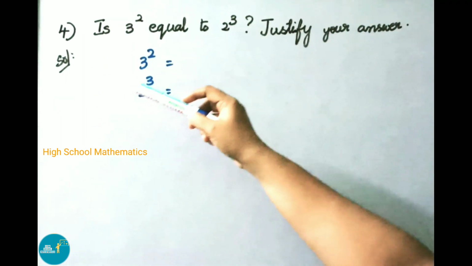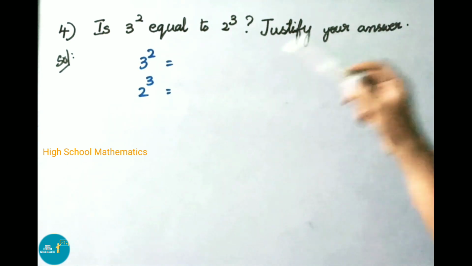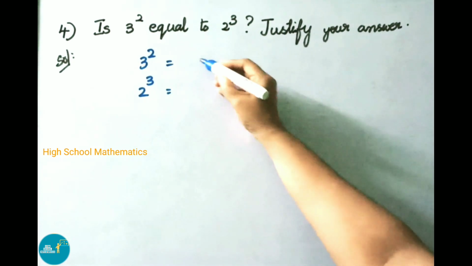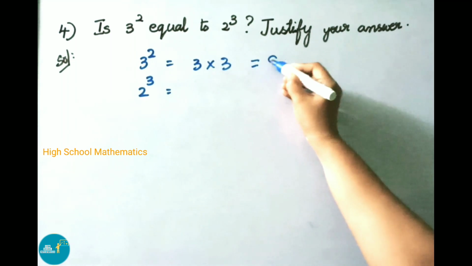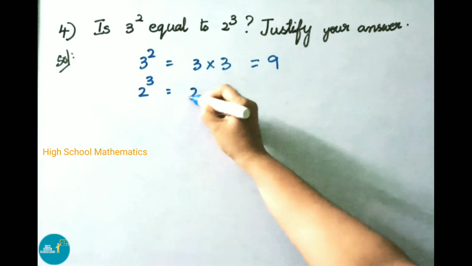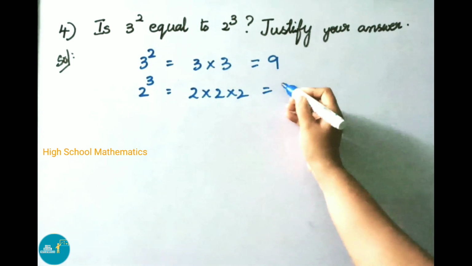Now question number 4. Is 3 square equal to 2 power 3? Justify your answer. Let us see the solution. 3 square is 3 multiplied 2 times, that equals 3 3s are 9. 2 power 3 is 2 multiplied 3 times, that equals 2 2s are 4, 4 2s are 8.